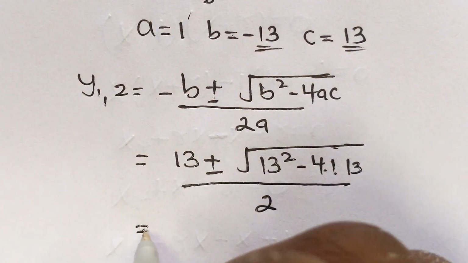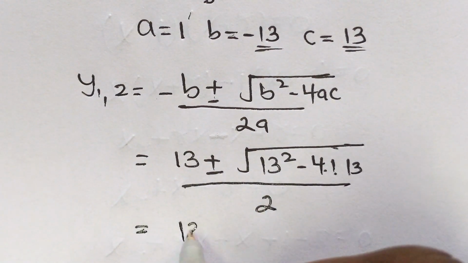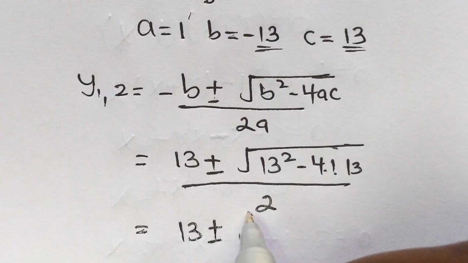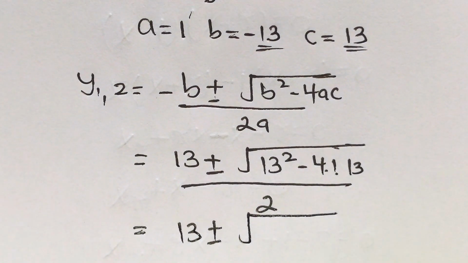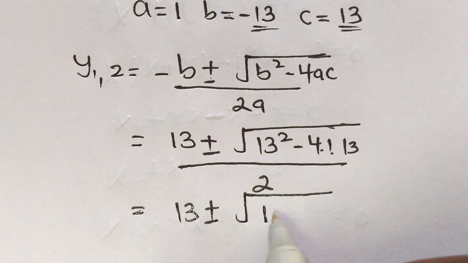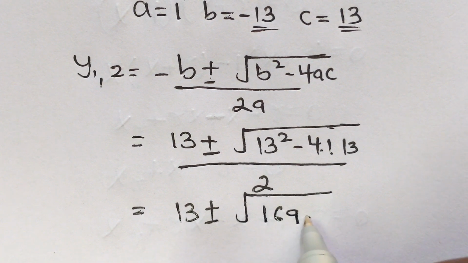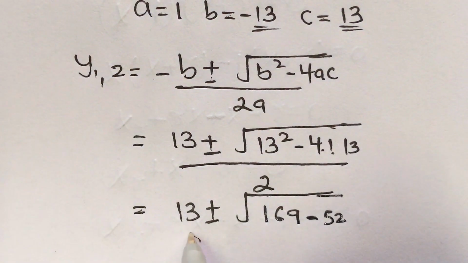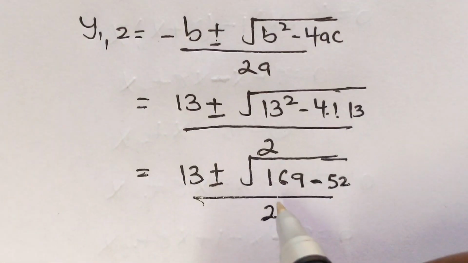Then this is equal to 13 plus or minus the square root of 169 minus 52, then over 2.